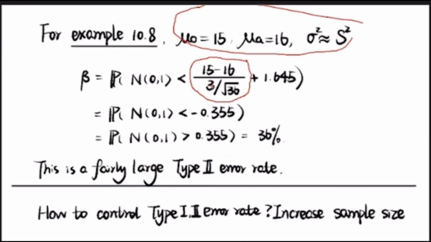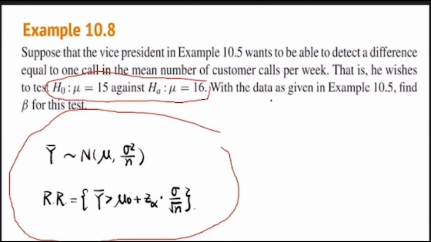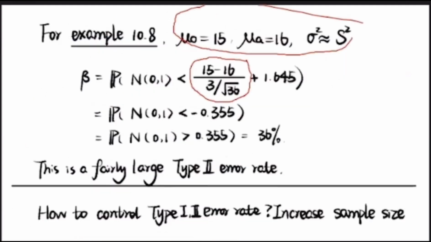And of course, the 3 here, I think you're going to be given the variance, and the standard deviation. If you check 10.5, that means the standard deviation was actually 3, and the square root of 36, the sample size.